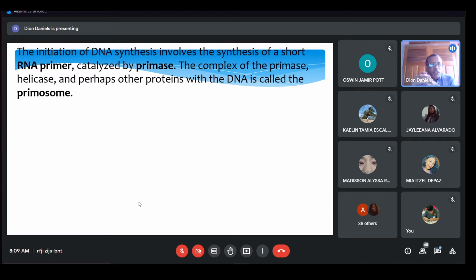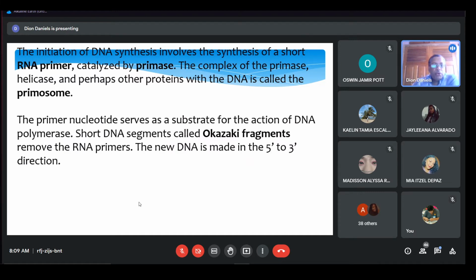The initiation of DNA synthesis involves the synthesis of a short RNA primer catalyzed by primase. The complex of the primase, helicase, and perhaps other proteins with the DNA is called the primosome. Right? So the primosome is comprised of all those, the helicase, the primase, and some other proteins along with the DNA molecule.